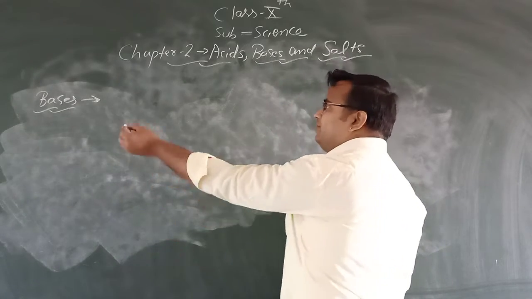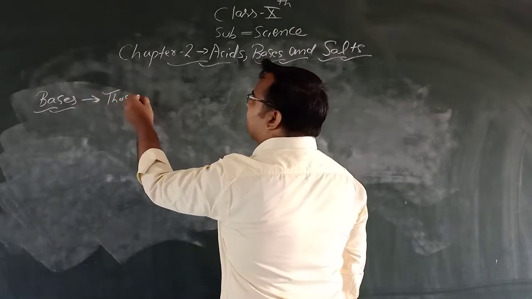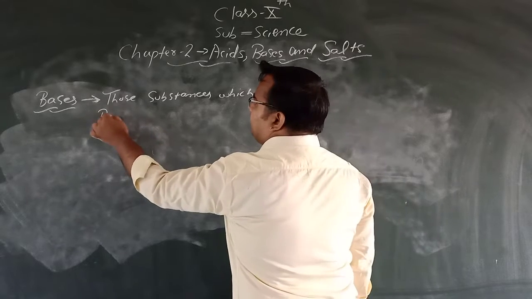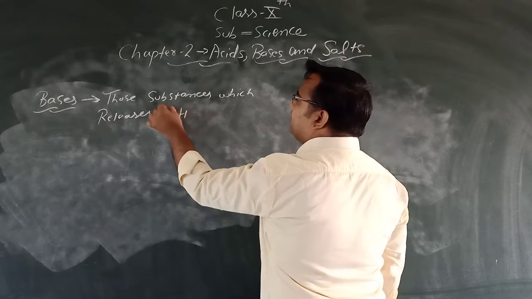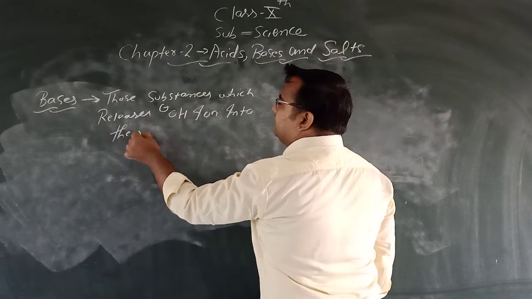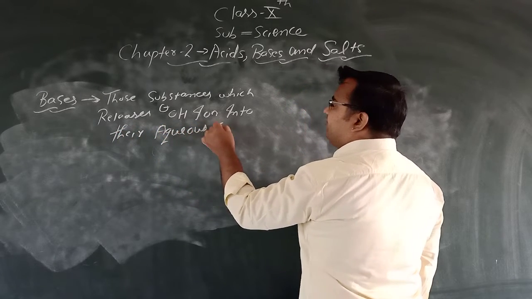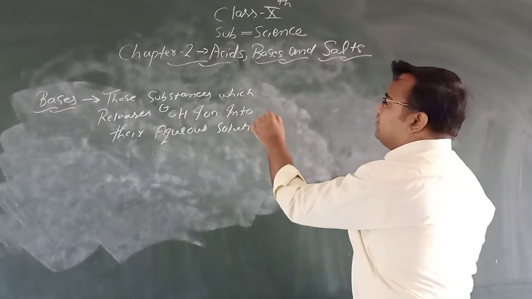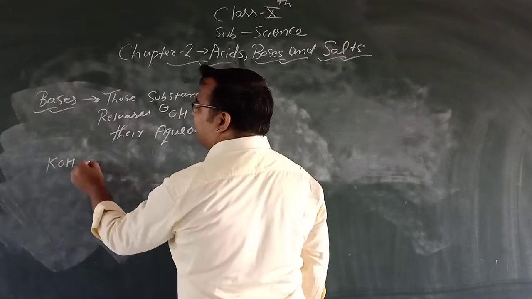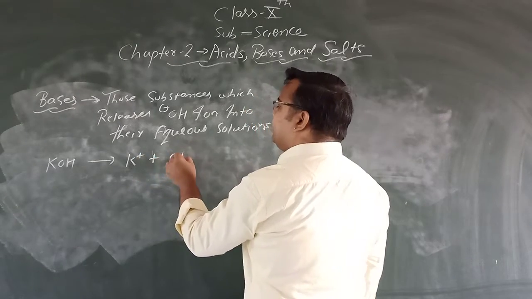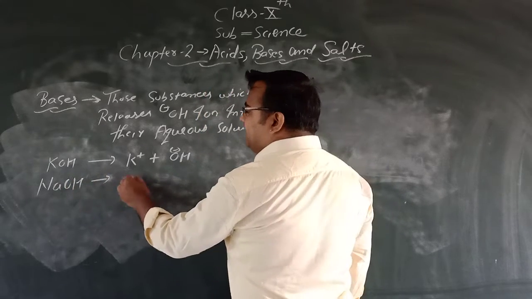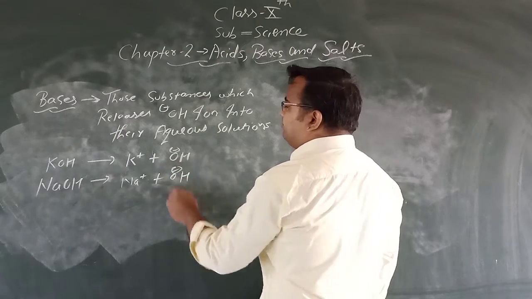We can take examples of bases, like potassium hydroxide, which releases K plus and OH minus, and NaOH, which is dissociated into Na plus and OH minus.